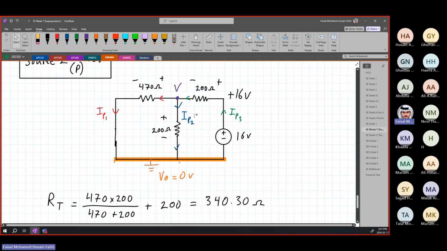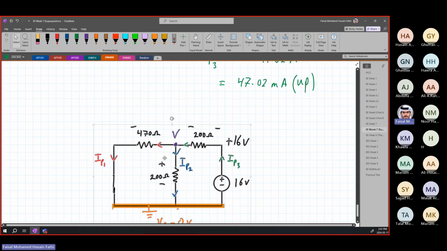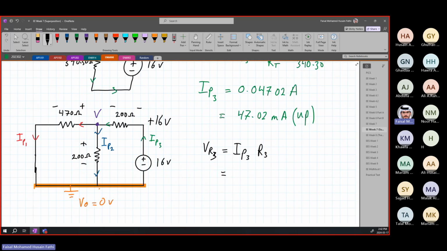Again, you can use the current divider rule if you want to find IP2 and IP1. I prefer not to do that, but there's nothing wrong with using it. So I'll just copy paste the circuit down here one more time, with plus minus. Here, this is R3, so VR3 is equal to IP3 times R3, which is 0.04702 times R3, which is 200.